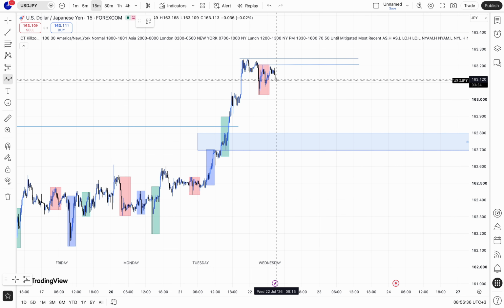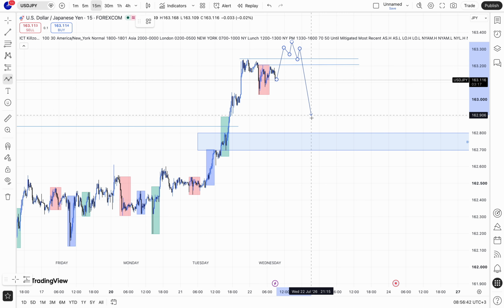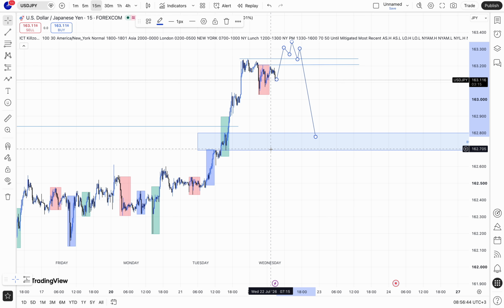Scenario number one, you're gonna wait for the price to come here, sweep this area, then we look for our sell confirmation from 1 minute. That will be scenario number one, and our last target will be there.